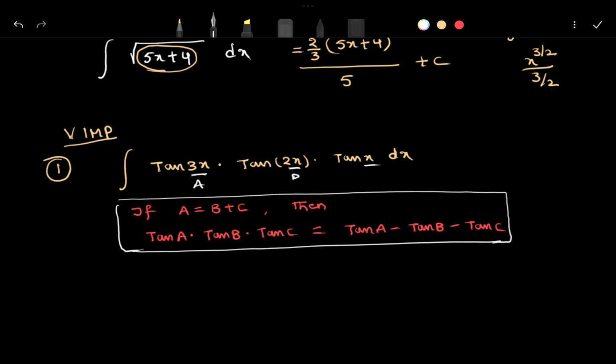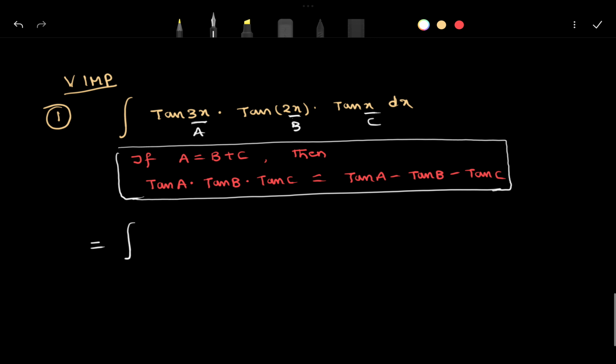So tan a into tan b into tan c is equal to tan a minus tan b minus tan c, so tan 3x minus tan 2x minus tan x.